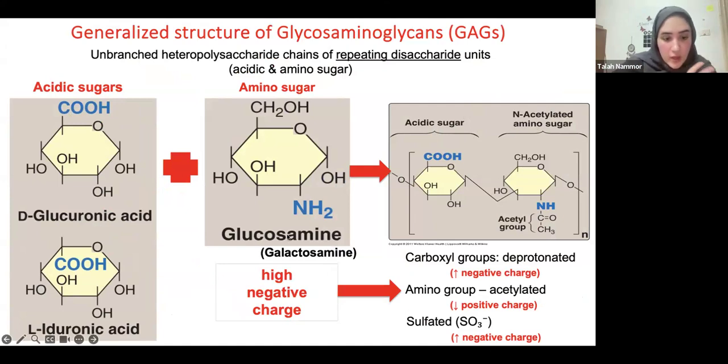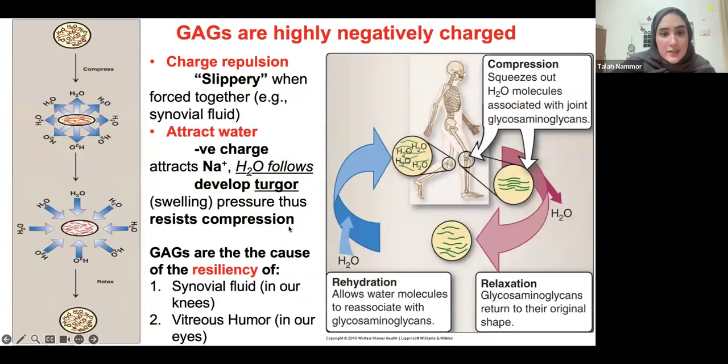Clear? Now, they're highly negatively charged, and because of that they're slippery or viscous, all right? Since they're slippery, they're really good because it will help in the joints.